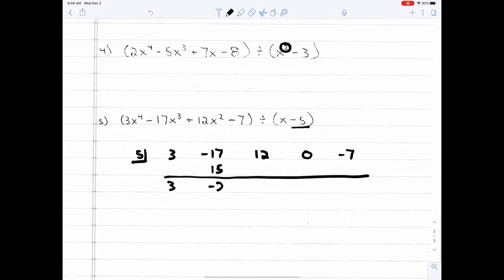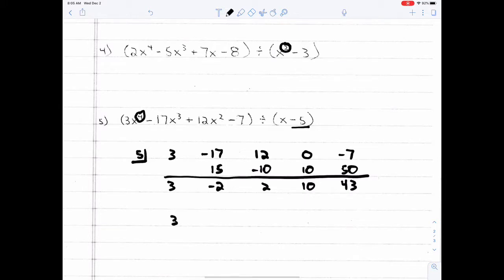Then add. And again, I suggest you do this on your own. Then multiply. Then add. Then multiply. Then add. Then multiply. And then add. Okay? And since the original problem was x to the fourth, we're going to start with x to the third.